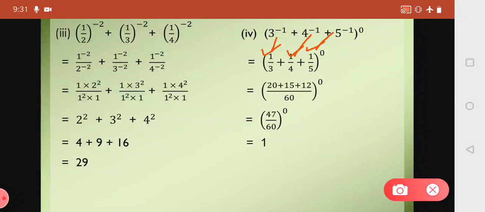That is equal to, we will take the LCM, so we will get 20 plus 15 plus 12 upon 60 whole raised to 0, that is equal to 47 upon 60 whole raised to 0, that is equal to 1, because any base raised to 0 is always 1.